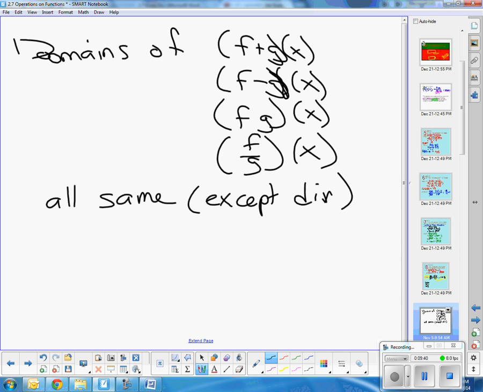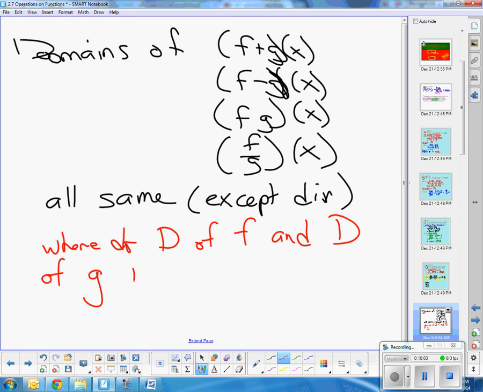So I only need to find the domain once. What we said in the previous video was that all I need to do is find where the individual domains intersect. Where do the domain of f, I'm using capital D for domain, and the domain of g intersect? That's my big question.